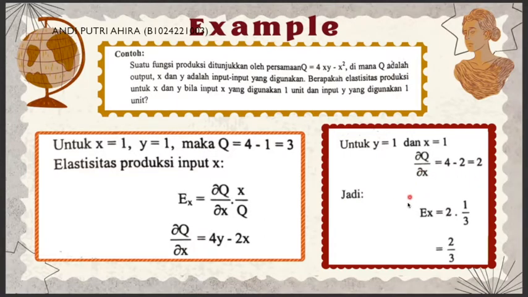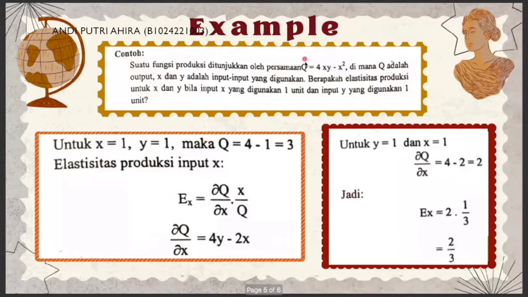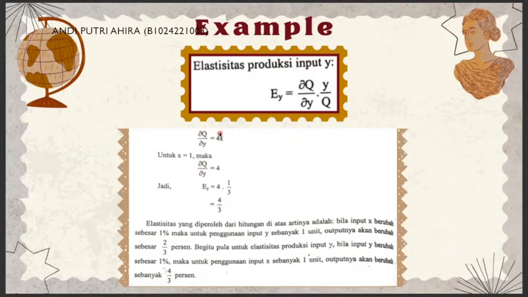Now, we input all the numbers we have calculated into the production elasticity of input X, or EX, equals 2 times 1/3. The result is 2/3. After that, we find the production elasticity of input Y, or EY, equals partial Q with respect to Y times Y divided by Q. The partial derivative of 4xy minus x squared with respect to y is 4x.